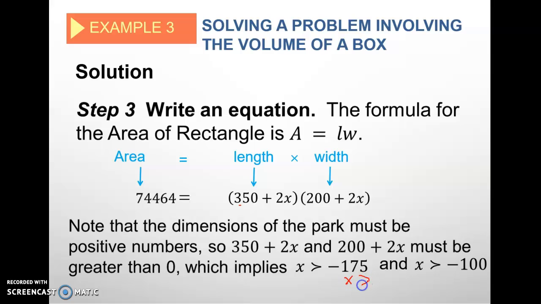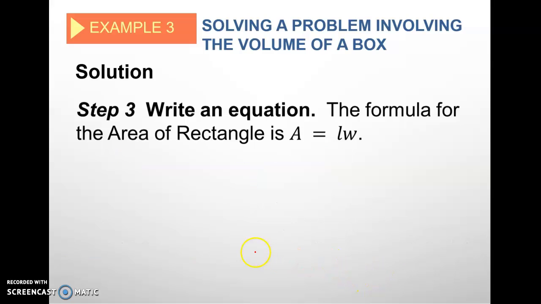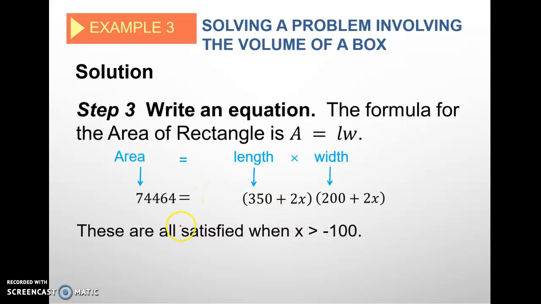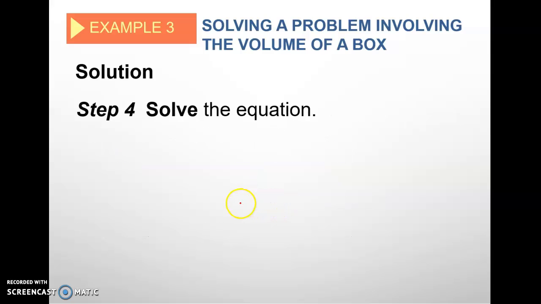Since we're talking about a positive number, we say that x should be greater than 0. So this equation will be satisfied if x is greater than 0.